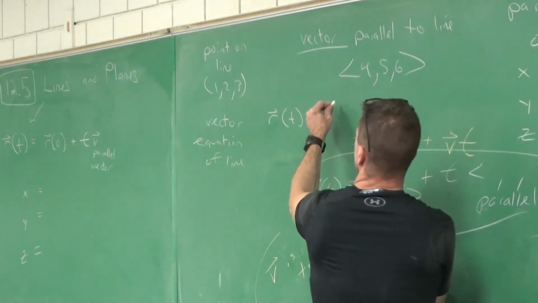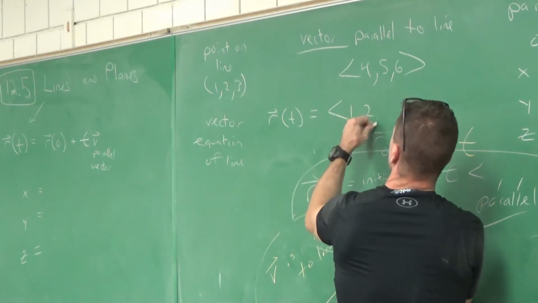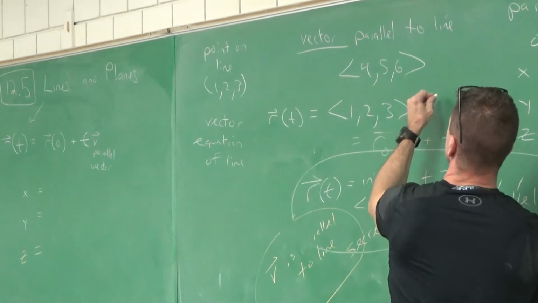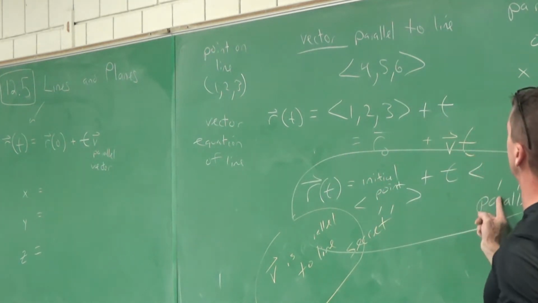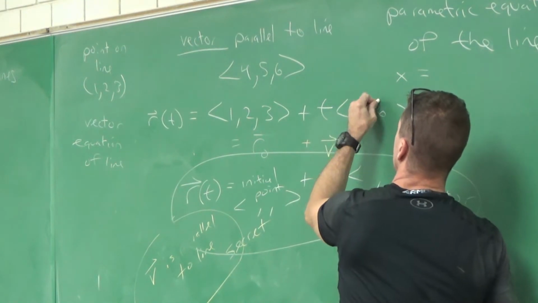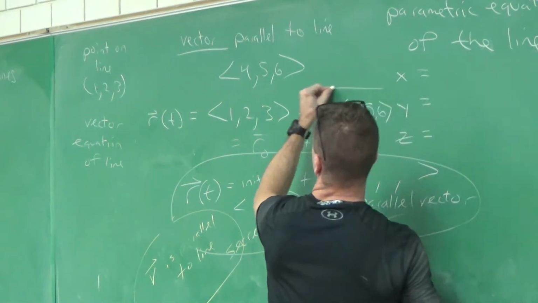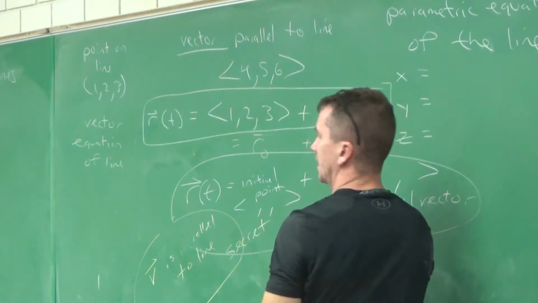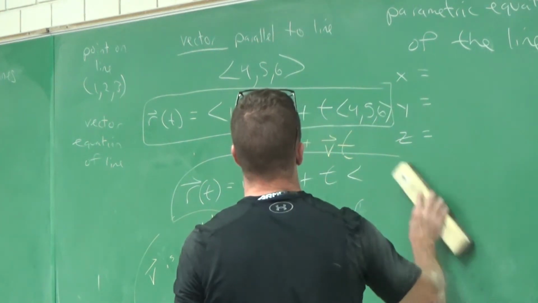What's the initial point? 1, 2, 3. I'll write it as a vector. Plus parameter t, and what's the parallel vector? 4, 5, 6. Put a big box around this. You gotta love this. We will not make this too complicated.